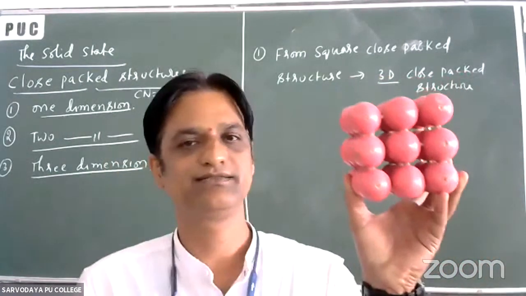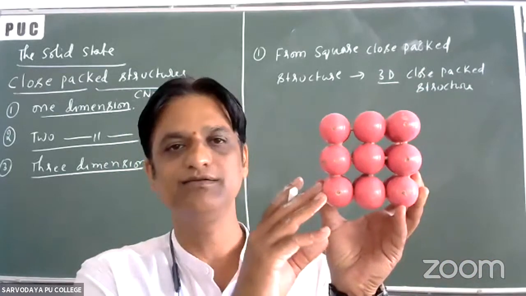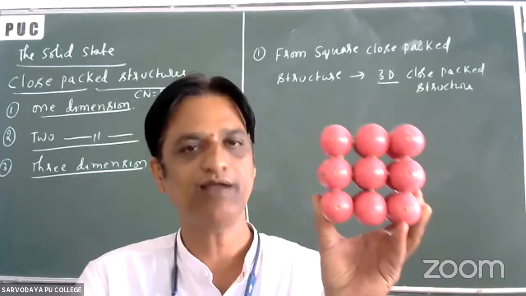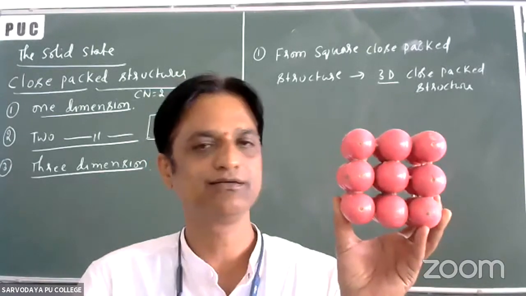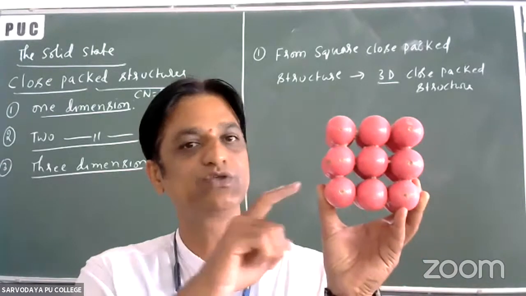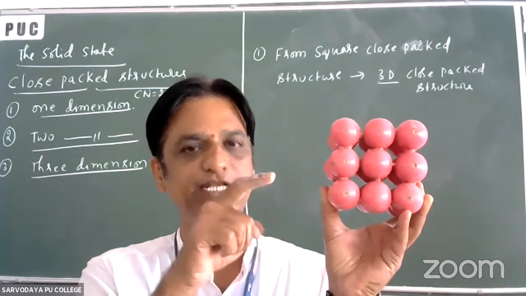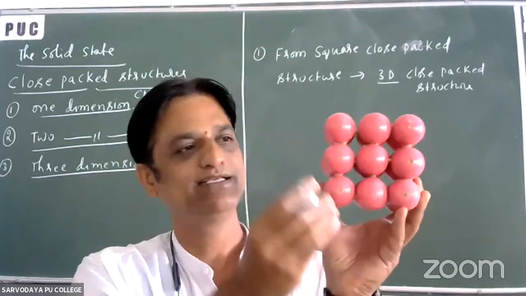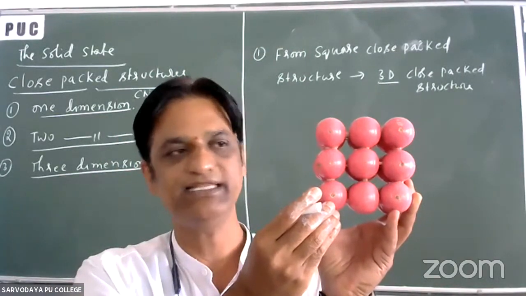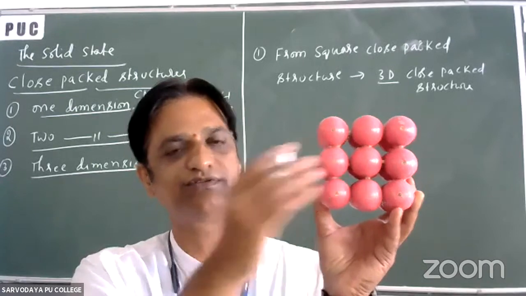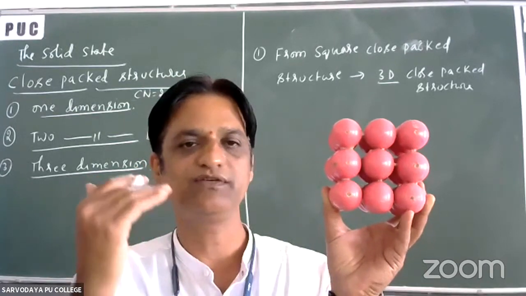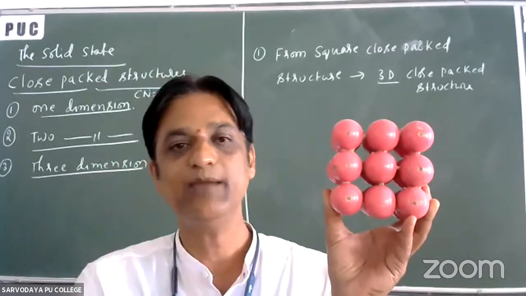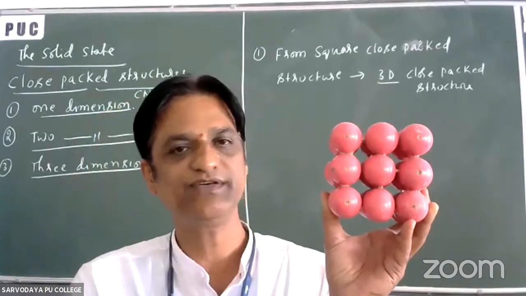See, this is an example for three-dimensional close packed structure which is obtained from two-dimensional close packed structure. Square close packed structure in two dimension, when layers are arranged one above the other. Here we are following the same method. Spheres of one layer of square close packed structure are placed exactly above the spheres of the first layer.